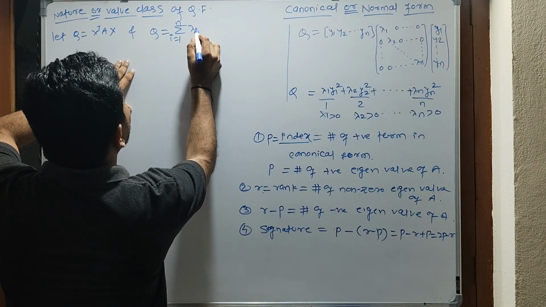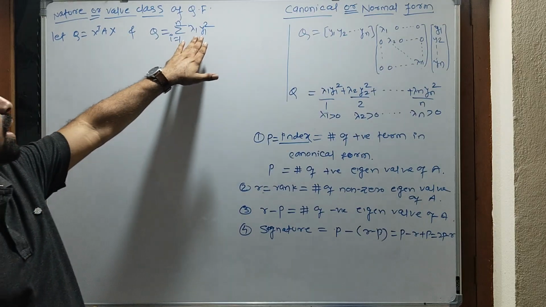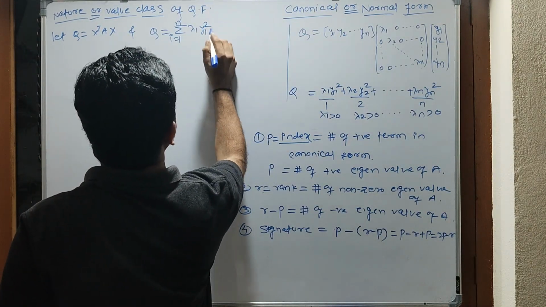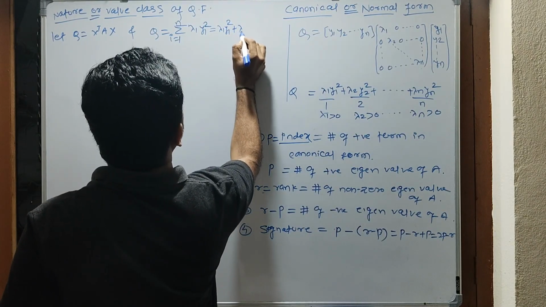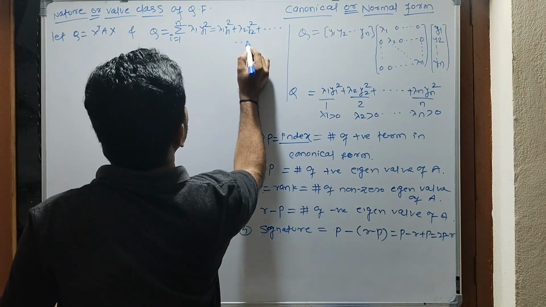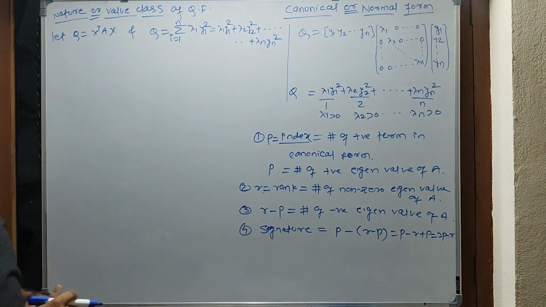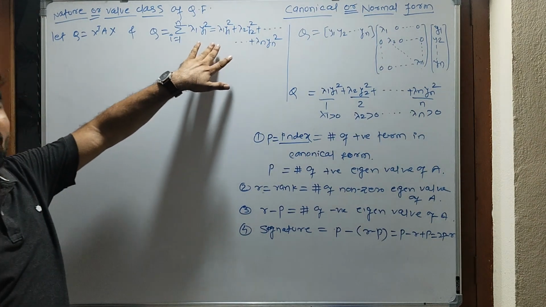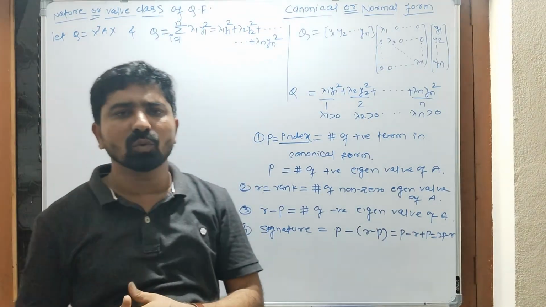That is, lambda 1 y1 square plus lambda 2 y2 square plus up to lambda n yn square. This is the normal form or canonical form in n variables y1, y2, up to yn.